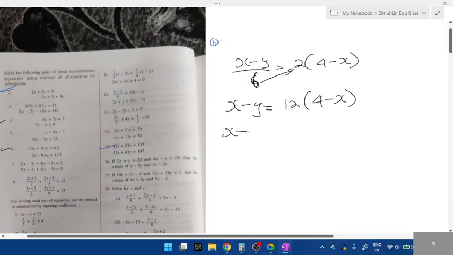Next, you multiply. See, immediately don't see the notes with you. Don't see below. You don't know how to multiply. Even this 4 into 12 you want to multiply and tell.